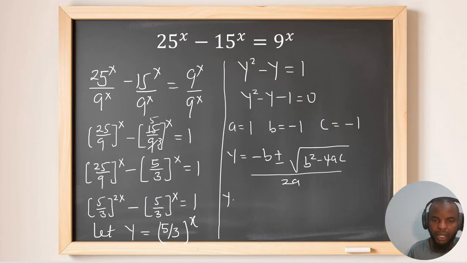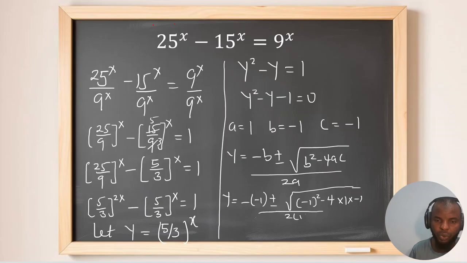Here we have y equals minus b, which is negative 1, plus or minus the square root of b squared, which is negative 1 squared, minus 4 times a, which is 1, and c, which is negative 1, everything over 2a, which is 2 times 1.